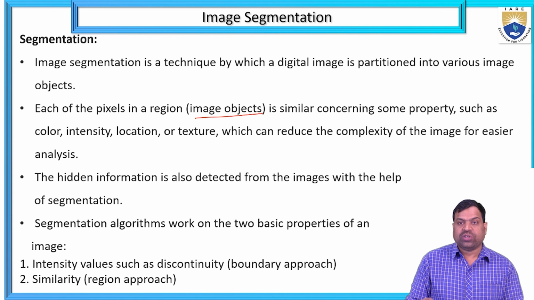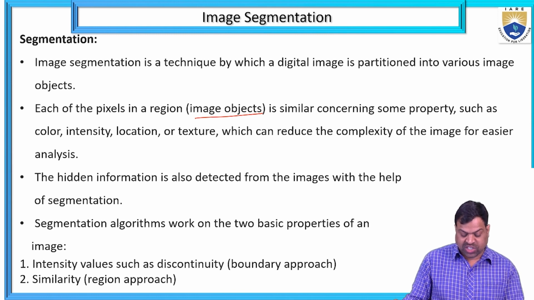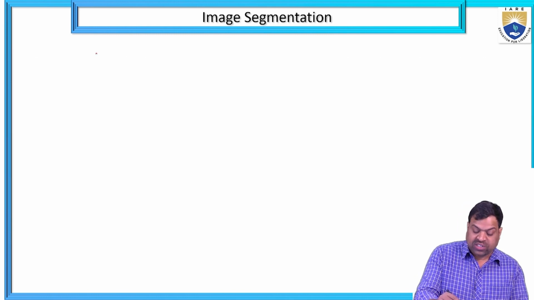Hidden information is also detected from images with the help of segmentation. Segmentation algorithms work on two basic properties of an image. The first is intensity values, such as discontinuity, the boundary approach. Another one is similarity. So, discontinuity and similarity.